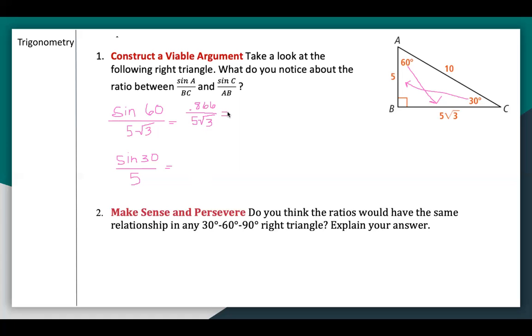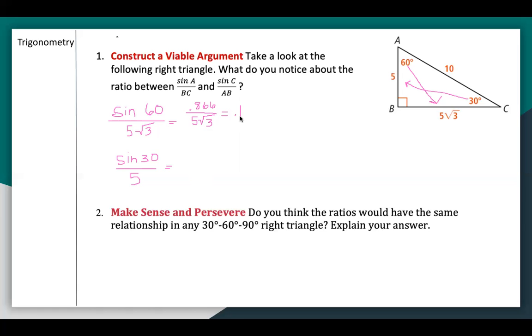Well, if I take 0.866 and divide this by 5 square roots of 3, we will get 0.1 as our solution.